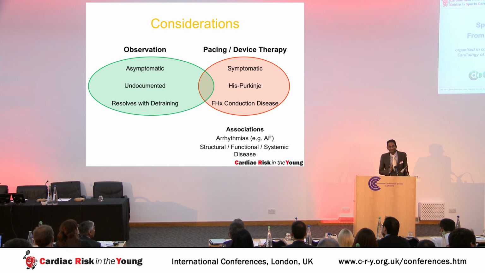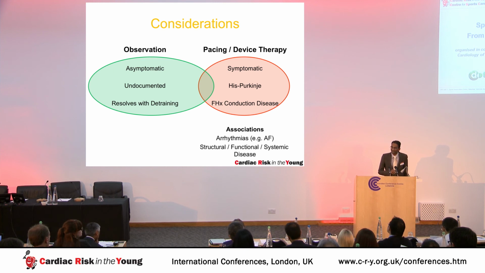And a small minority of individuals may have a family history that is suggestive of an inherited heart disease, of conduction disease, and again, these individuals need to be studied carefully. But the vast majority of athletes who are asymptomatic or whose symptoms resolve with detraining can generally be reliably reassured following careful evaluation of non-invasive electrocardiographic study.